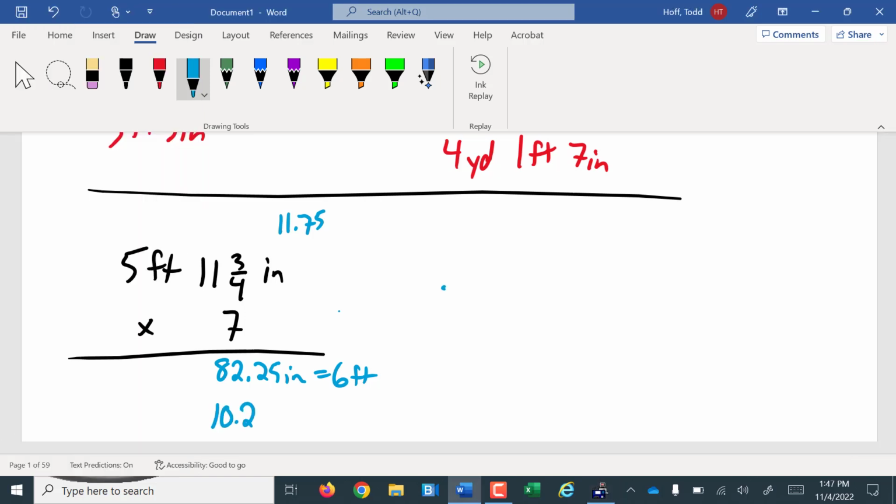So that's 10.25 inches. Carry that 6 feet. Now what? 7 times 5 feet is 35 feet. And then plus the 6 makes 41 feet. There we go.